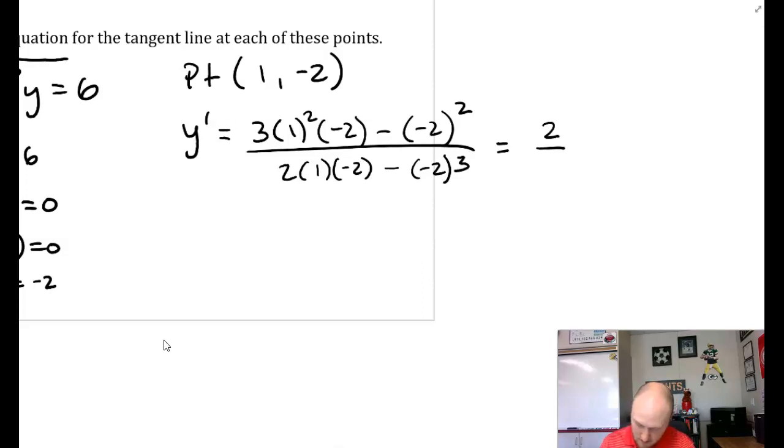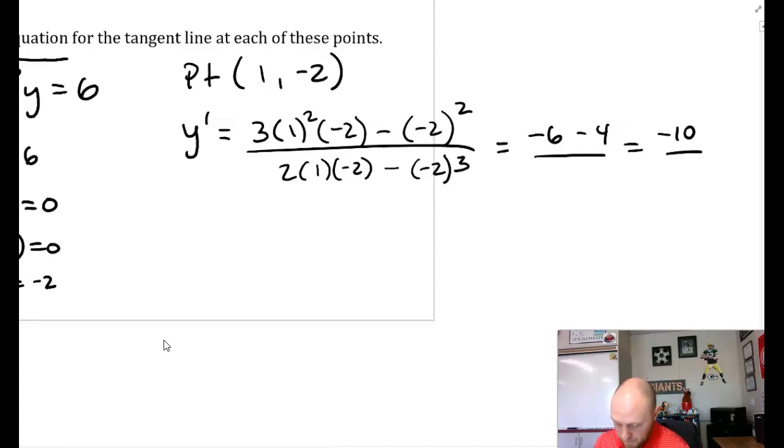Okay, this turns out to be negative 6 minus 4. We do it in stages. Negative 6 minus 4, negative 10, that looks better. Over negative 4 minus, is that negative 8? Okay, so that's a plus 8, so we get 4.